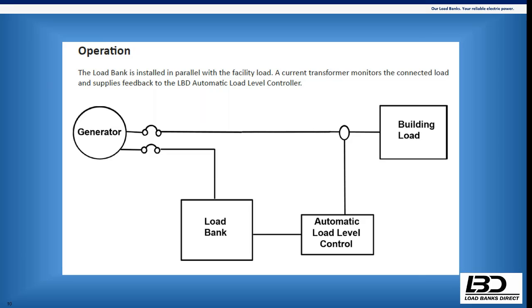But we also have some auxiliary contacts on there for remote indication and alarm, so we could send a signal back to a PLC or a building management system to say, hey, the load bank's taken offline. Yeah, absolutely. You can tie it to a building management system, a horn, an alarm, a light, whatever it may be. We offer an open and a closed contact that change states, so it can be used in many different ways.